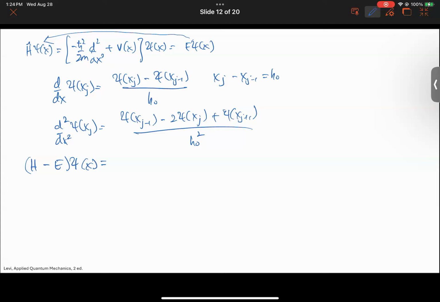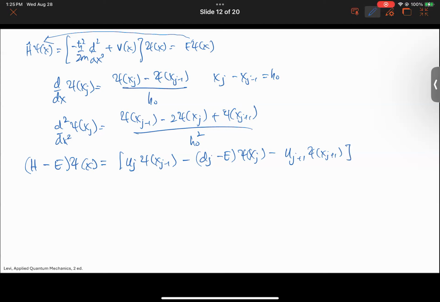Then we have minus uj psi of xj minus 1, plus dj minus E times psi of xj, minus uj psi of xj plus 1.